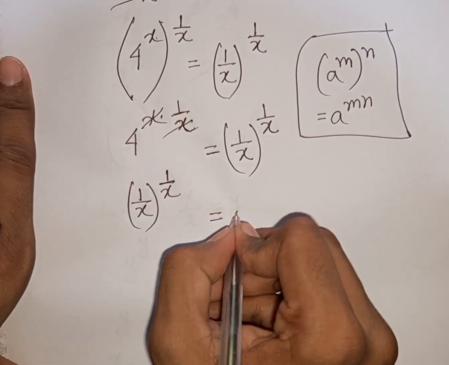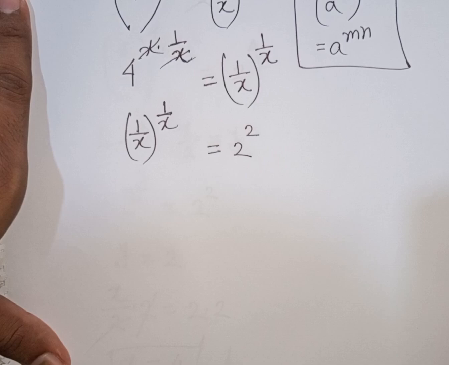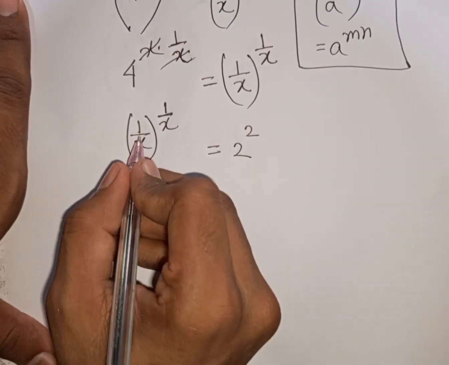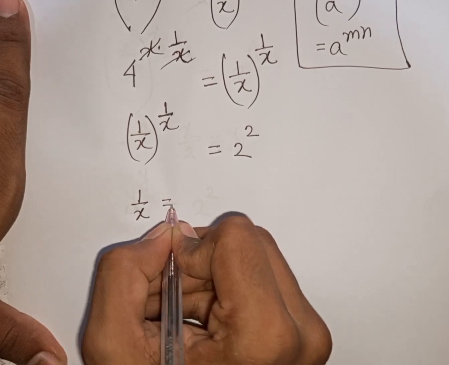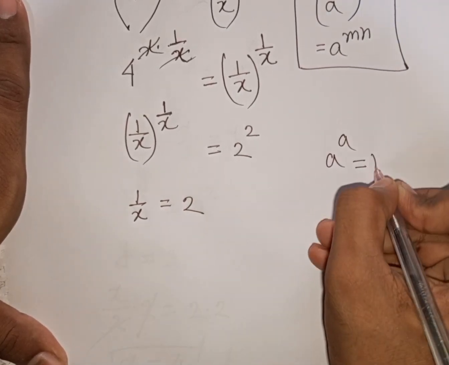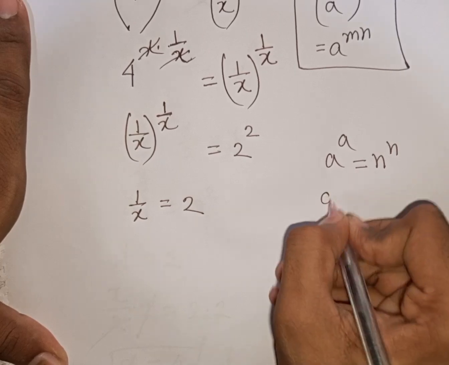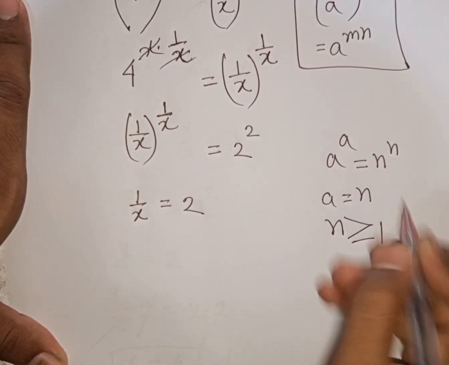So 4 can be written as 2 power 2. Now we can write here 1 by x will be equal to 2 according to this rule: a power a is equal to n power n, so a will be equal to n where n is greater than or equal to 1.